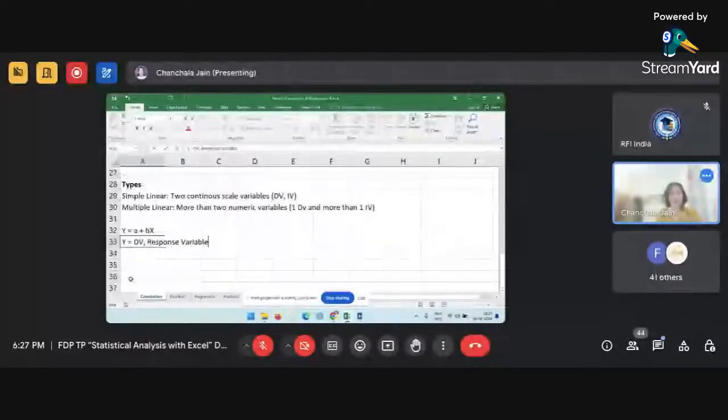A is the intercept. B is the slope. X is the independent variable or predictor variable.